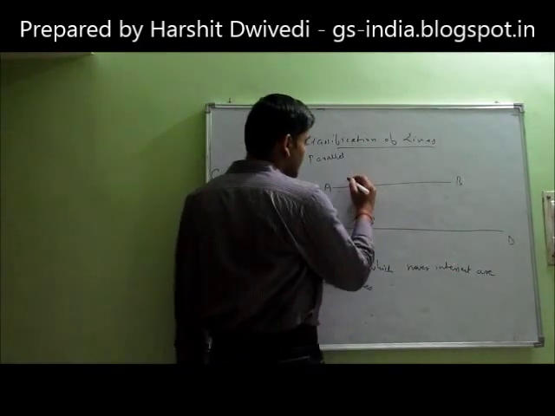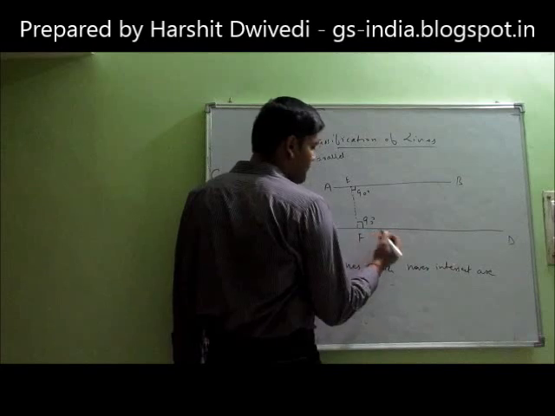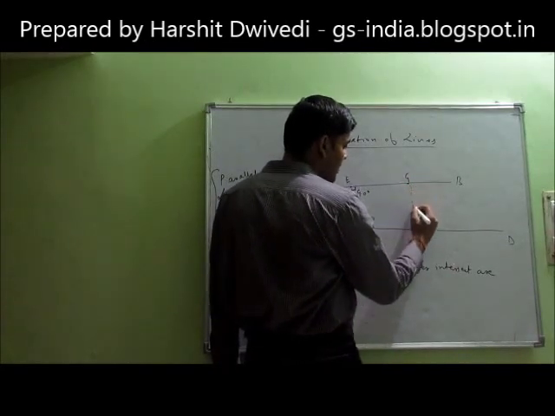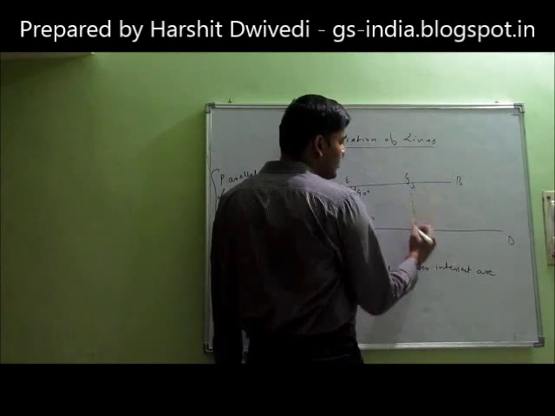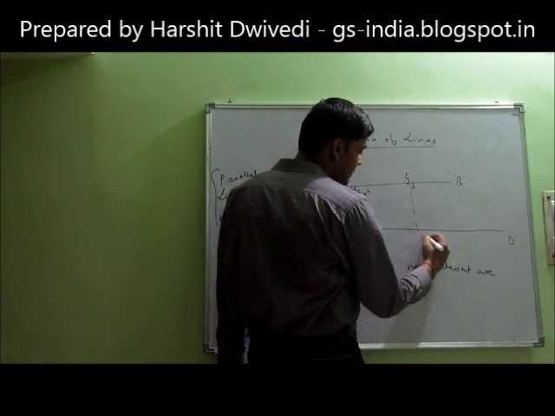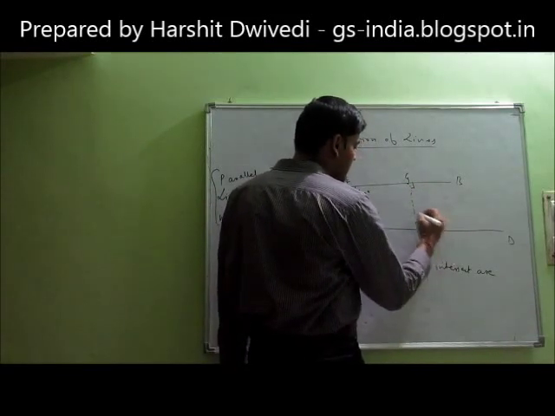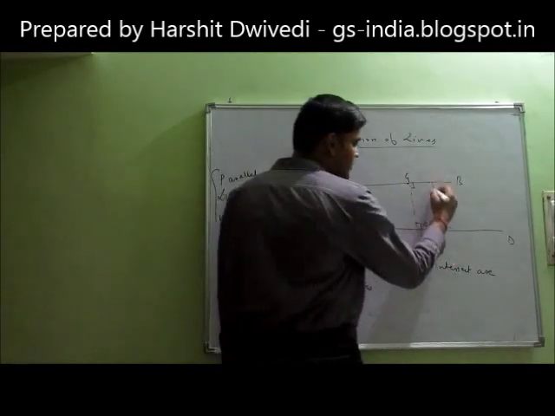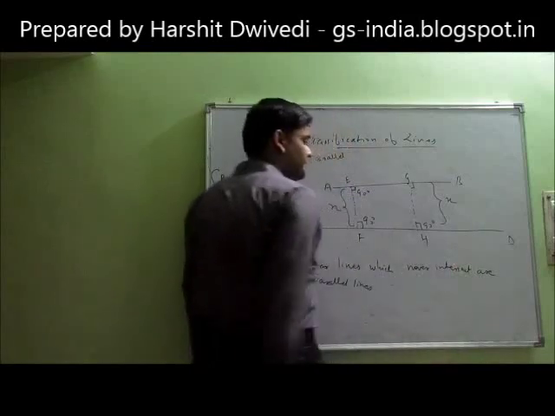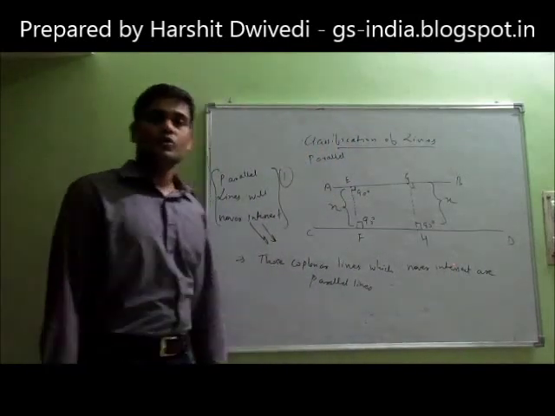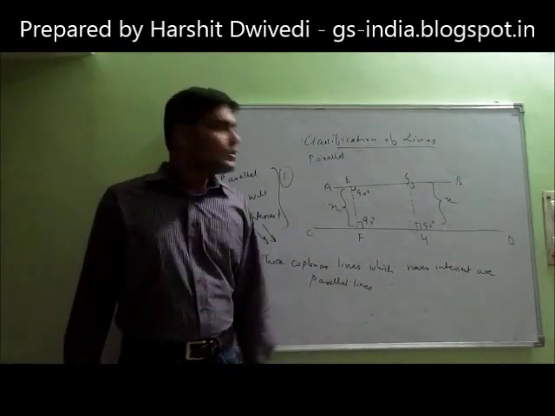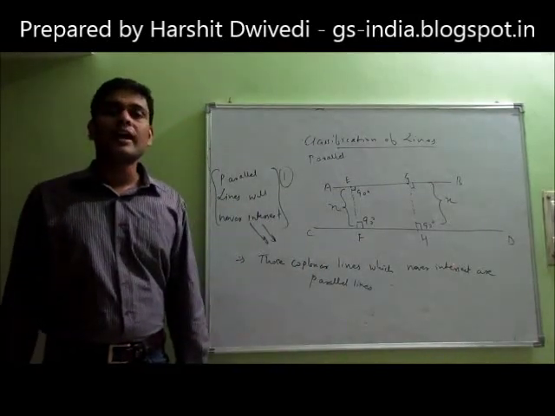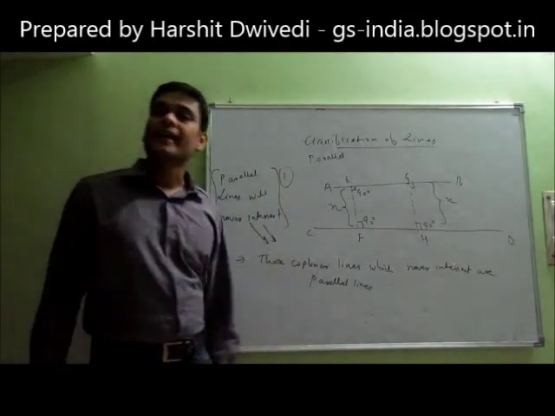Suppose this is E. Suppose this is F. Suppose I am marking a point here, G. I draw a line which is perpendicular to it and connect it to its point H. This is also perpendicular. So if the length of EF is X, then the length of GH will also be X. So all perpendicular lines joining two parallel lines are the same in length.